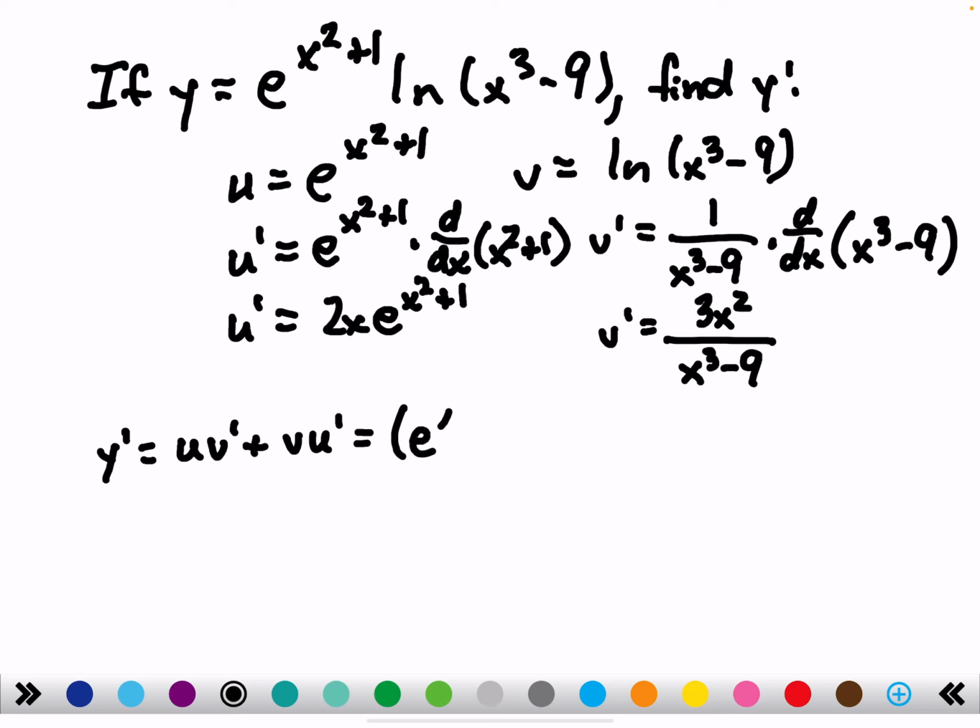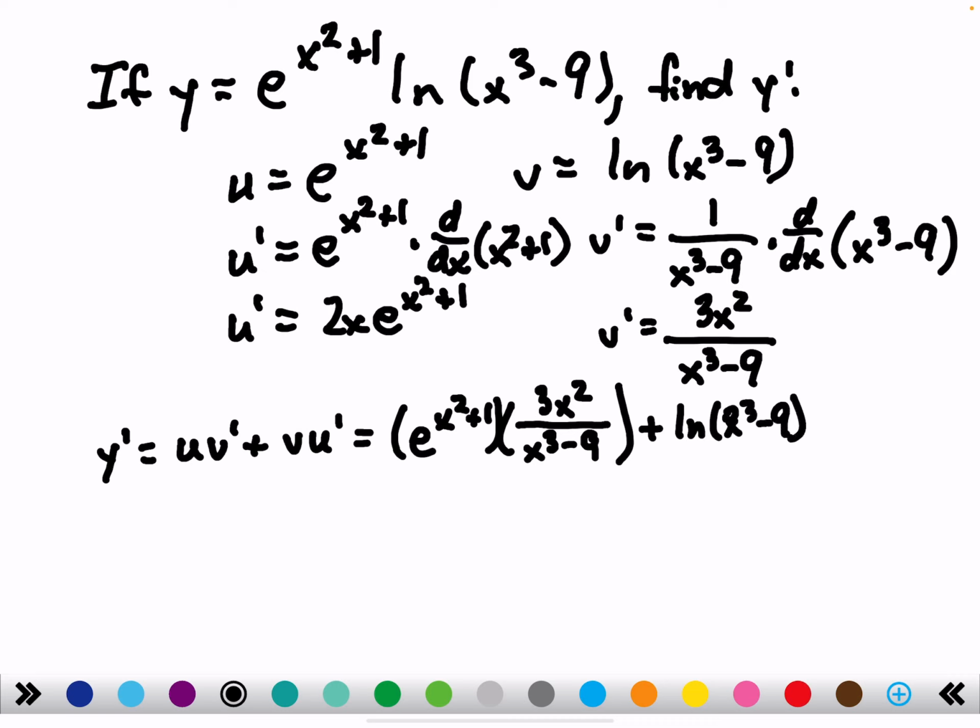So u is e to the power x squared plus 1 times v prime, 3x squared over x cubed minus 9, plus v, which is natural log of x cubed minus 9, times the derivative of u, which would be 2x times e to the power x squared plus 1.